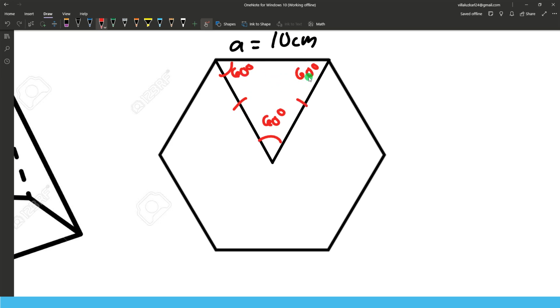If all the interior angles are 60 degrees, all the sides of the triangle are 10 centimeters. We can now compute the volume of the pyramid.